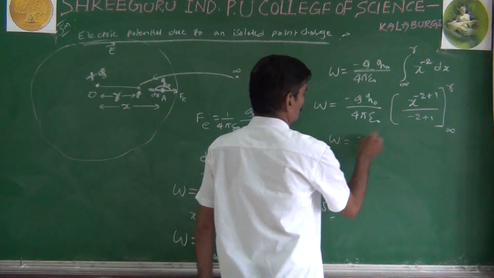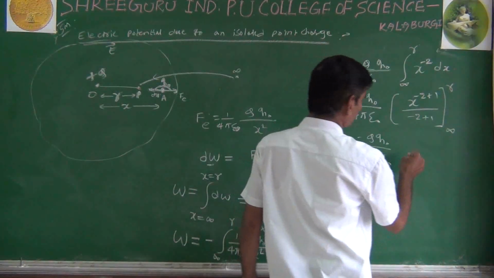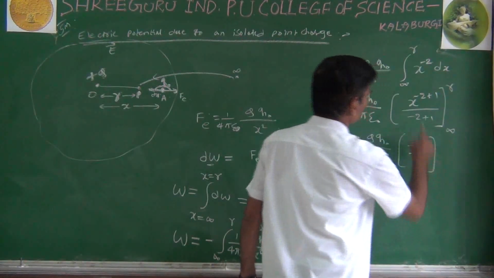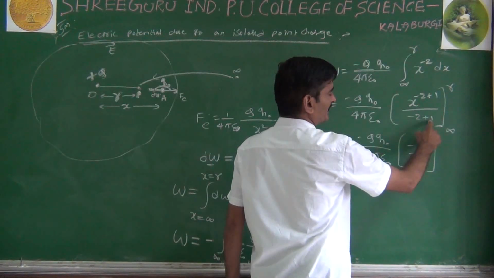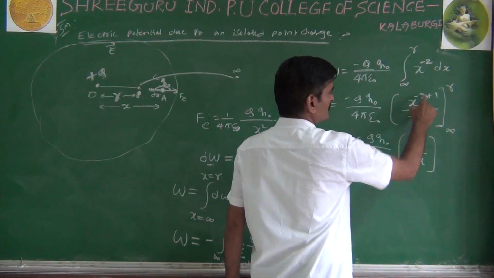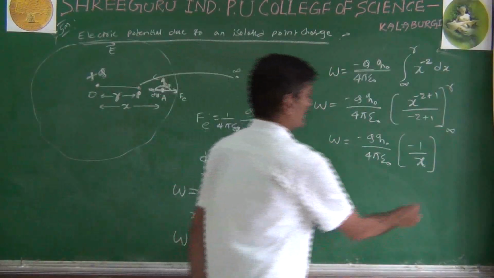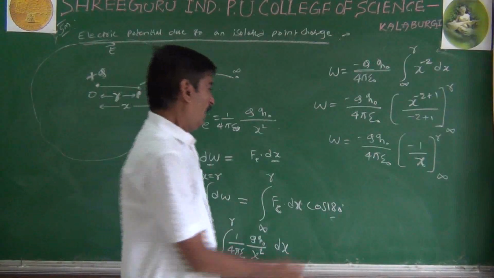So W is equal to minus q naught divided by 4 pi epsilon naught, so you can write it as minus 1 by x. Directly I have written x to the power minus 1, so that is in the denominator, 1 by x, from infinity to r. Now substitute the limits.